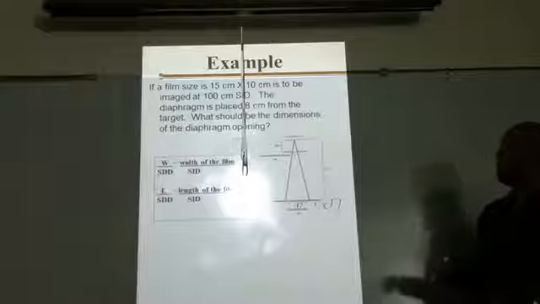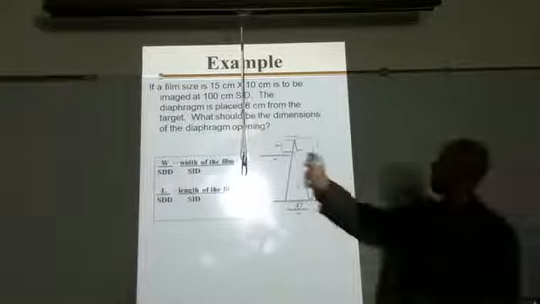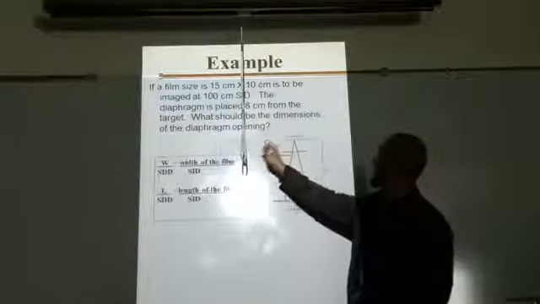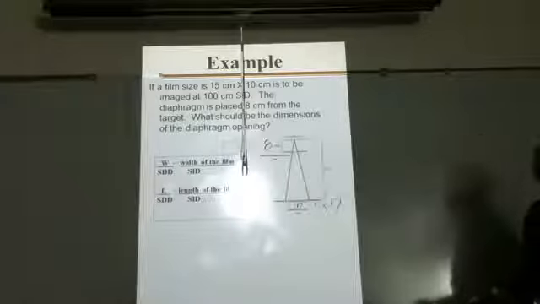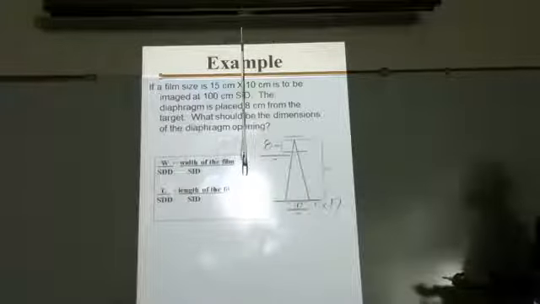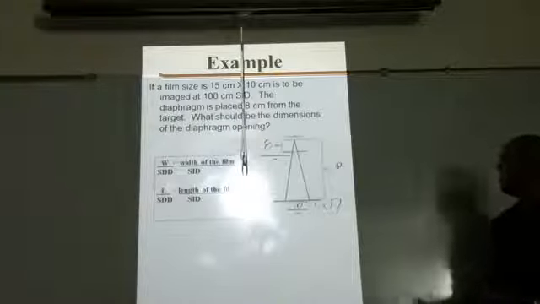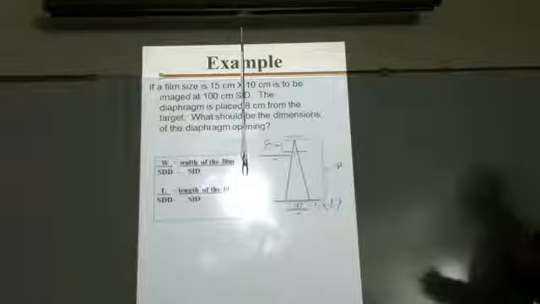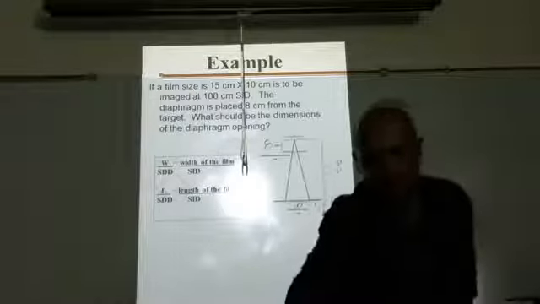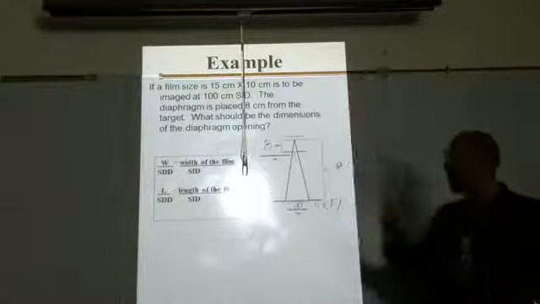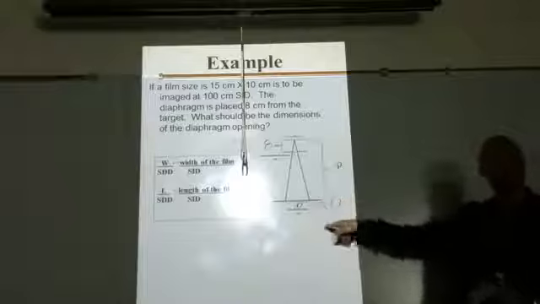You guys following so far? The diaphragm is going to be placed 8 centimeters away from the source or the target. My SID is 100. What is the dimension of my aperture window to give me a beam size of 15 by 10?